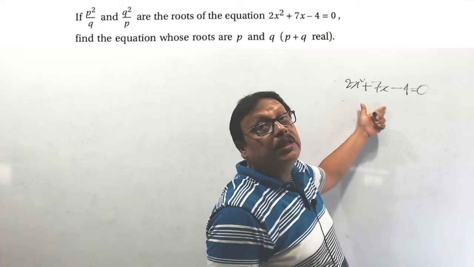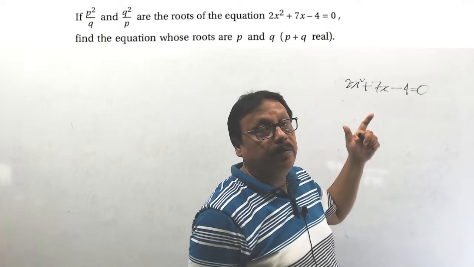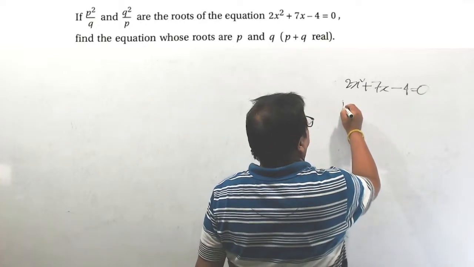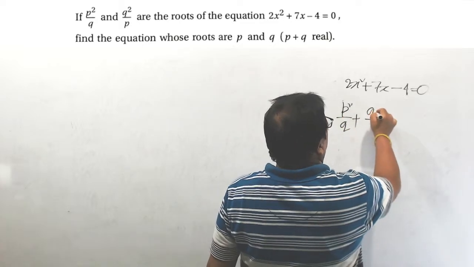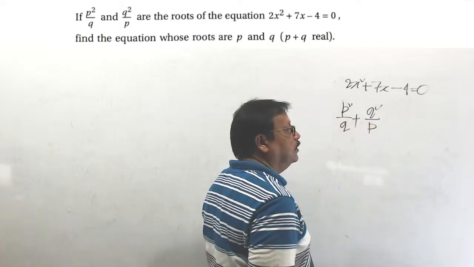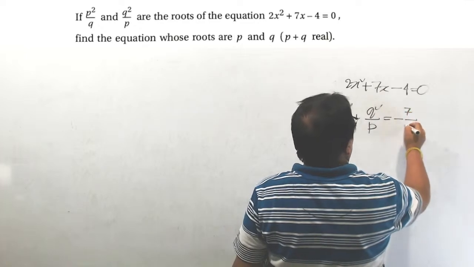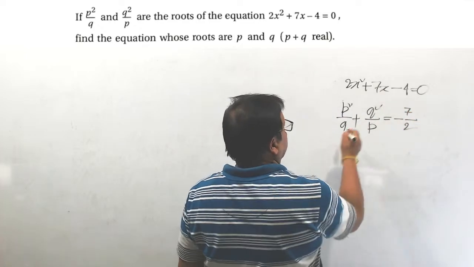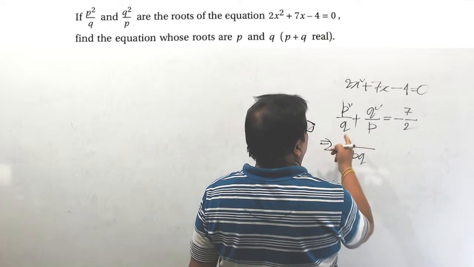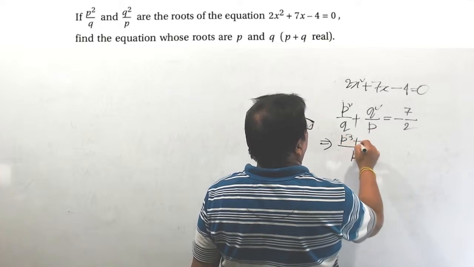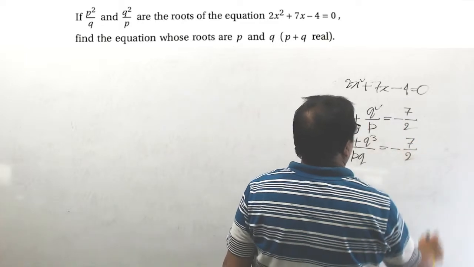That is, in place of alpha and beta, this is given p square by q and q square by p. That is p square by q plus q square by p. Sum of the roots is equal to minus 7 by 2. Understood? This implies pq is the LCM, so (p cube plus q cube) by pq is equal to minus 7 by 2. Understood?